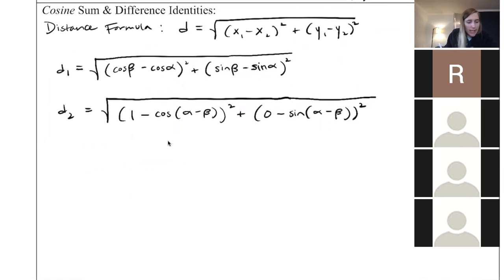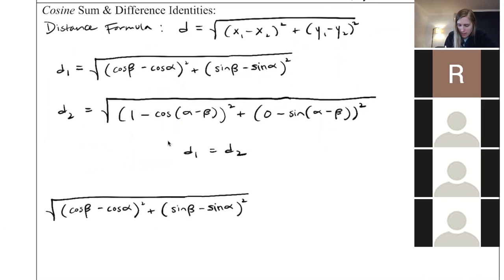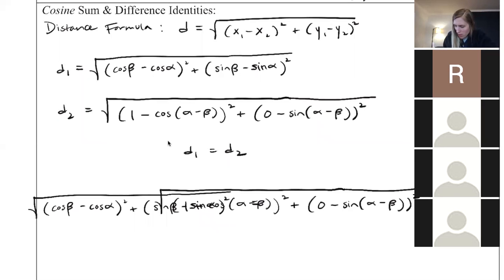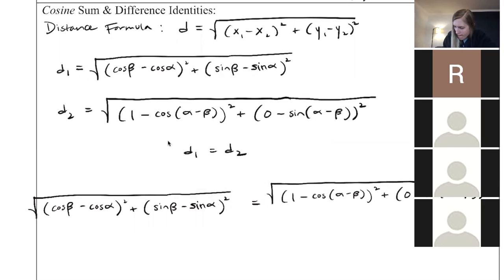And since d sub 1 equals d sub 2, that means this guy is equal to this guy.